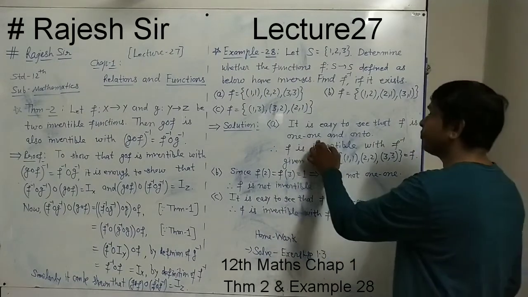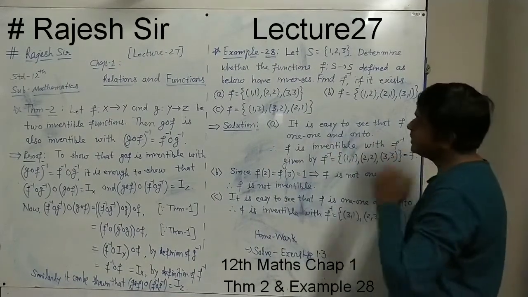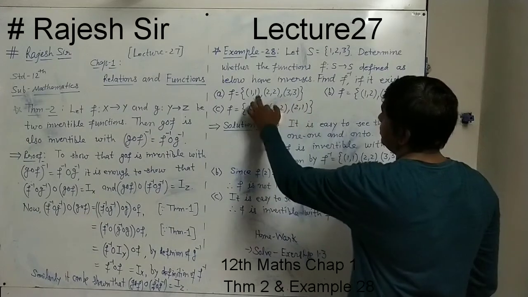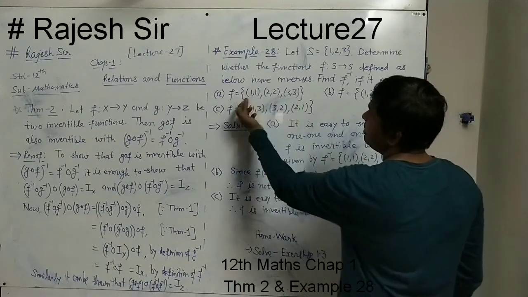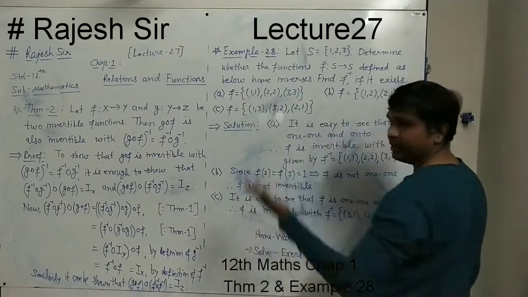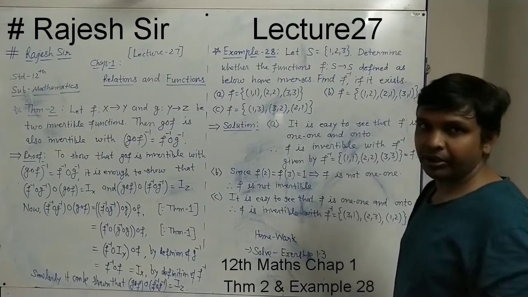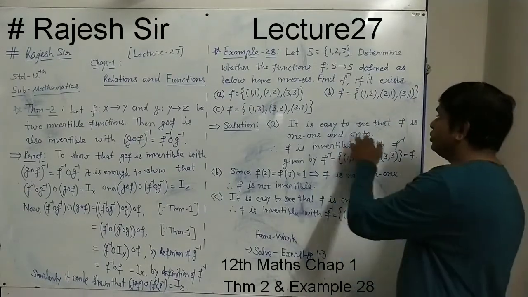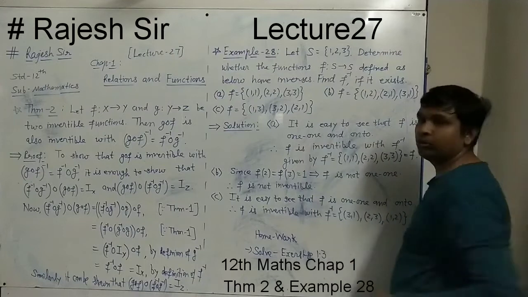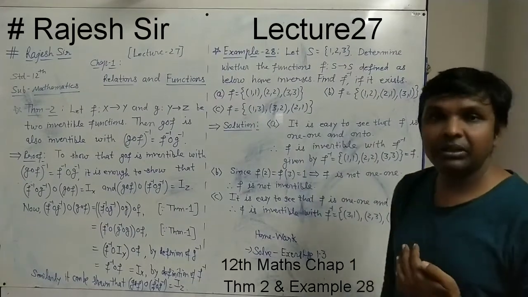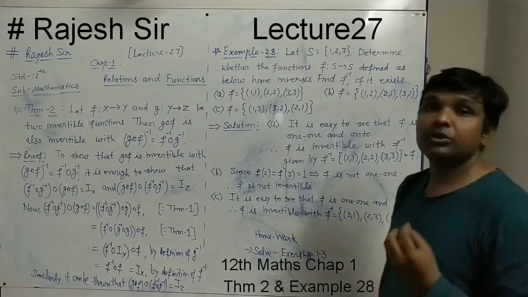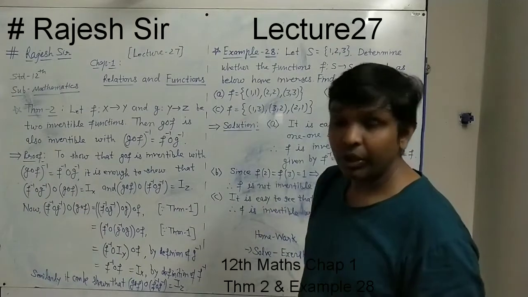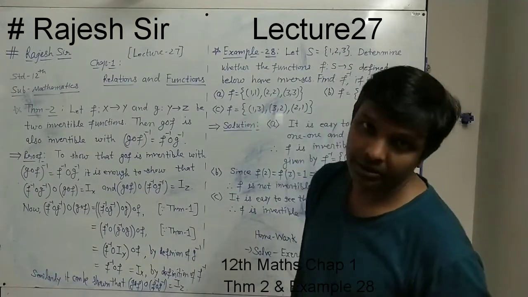And why is it onto? For every image 1, 2, 3, there is an element in the domain 1, 2, 3. So it is onto also. So it is 1-1 and onto. By the previous definition, if the function is 1-1 and onto, it will have an inverse function, as we have seen.